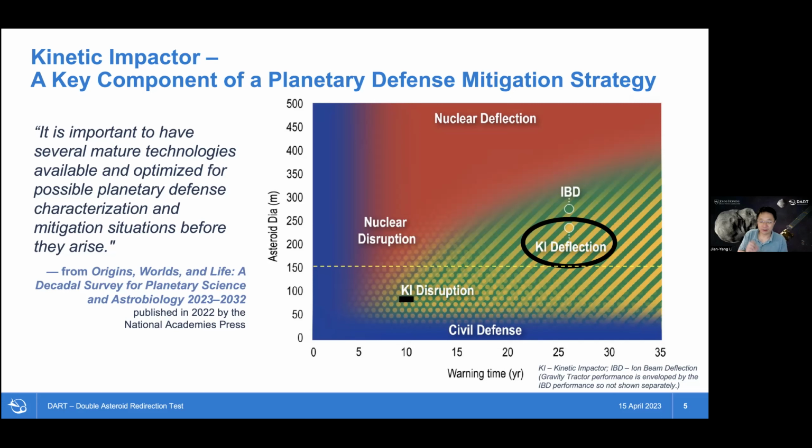Those are very small pushes, but accumulating with time, they can make a big change in the orbit. We are still trying to understand all these small subtleties that affect the orbit of asteroids. So we can make predictions, but everything has uncertainty, and everything we do is to shrink the uncertainty. Thank you.